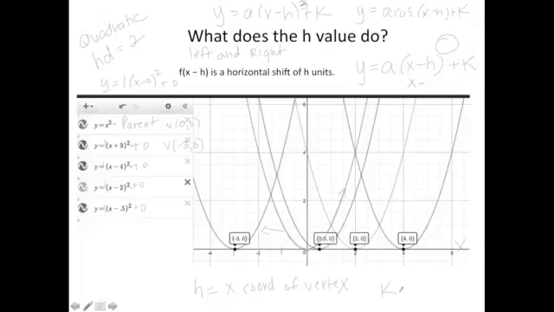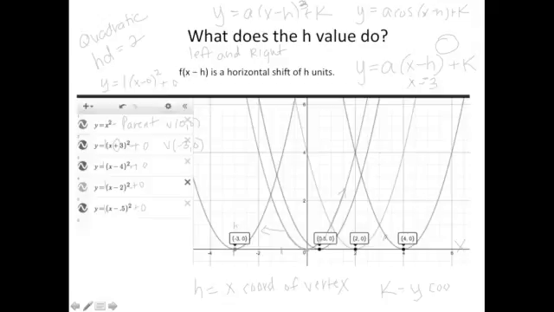K, on the other hand, represents the y-coordinate. So if the x-coordinate of this vertex right here is -3, and I plug the h value into my equation up here, I would have x minus -3. And we all know that minus a negative becomes plus a positive. That is how this right here is a positive.